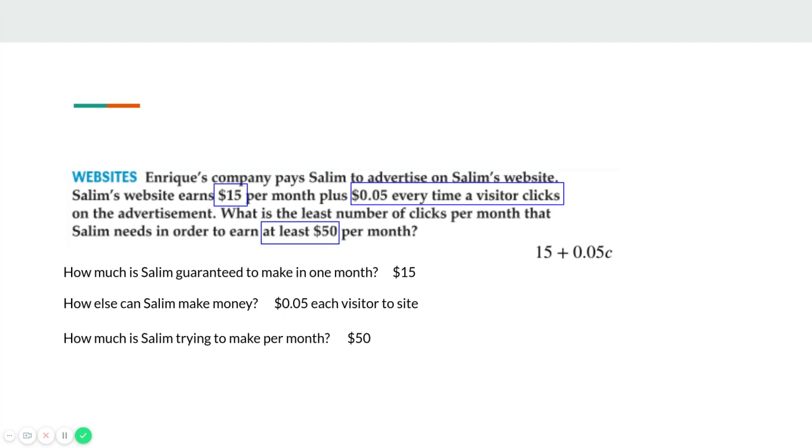Now we need to use an inequality in here. We need to think, should this be less than, greater than or equal to, less than or equal to, compared to the amount of money that he's trying to make? Here he's trying to make $50 and he doesn't want to go below that. So the expression that I have here needs to be greater than or equal to, because he's okay with having exactly $50.